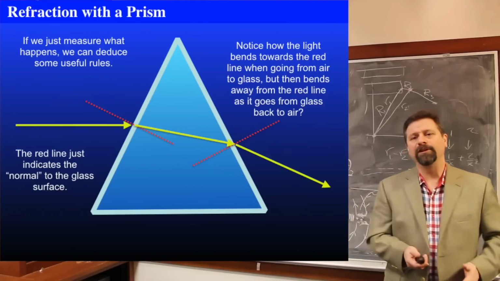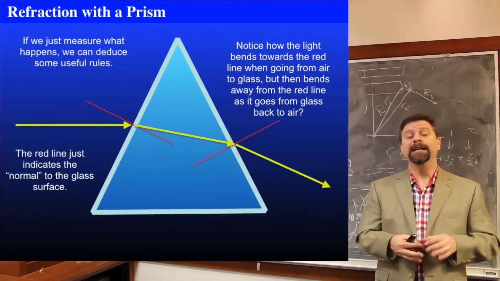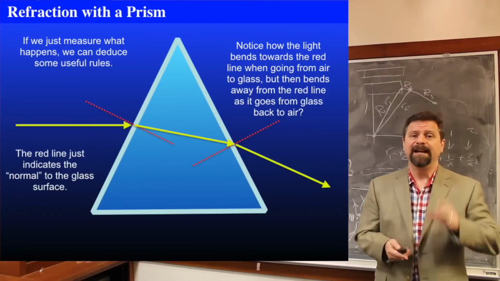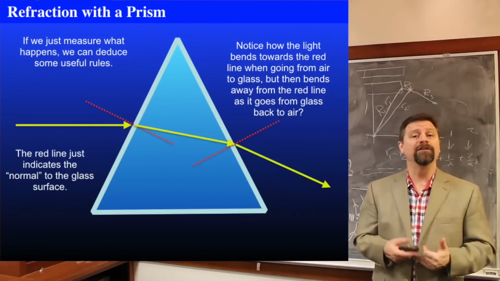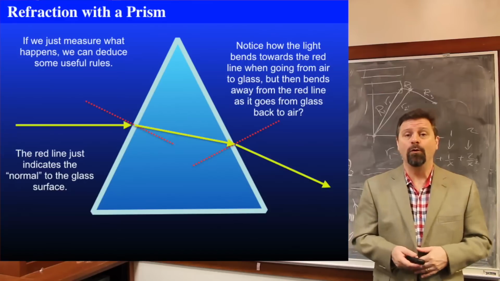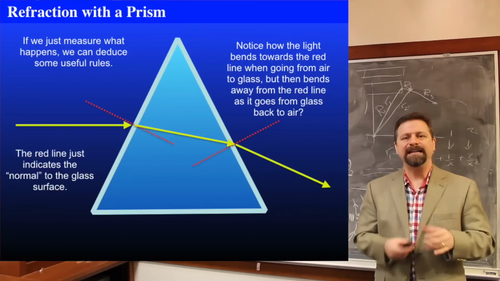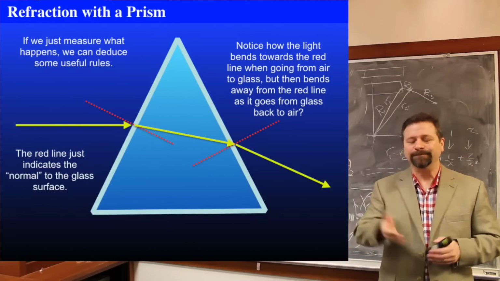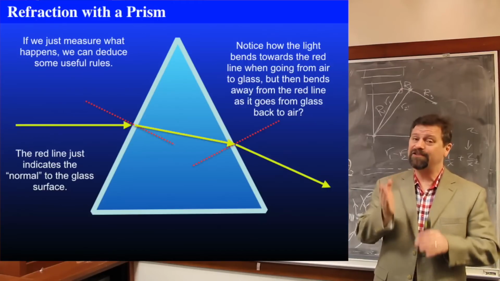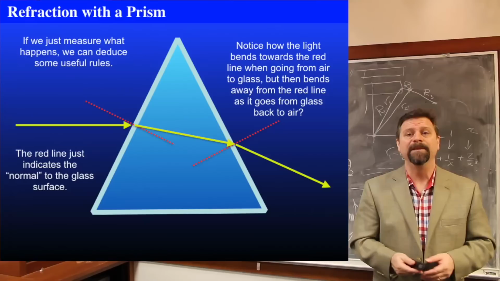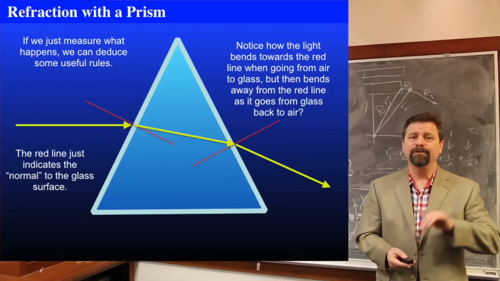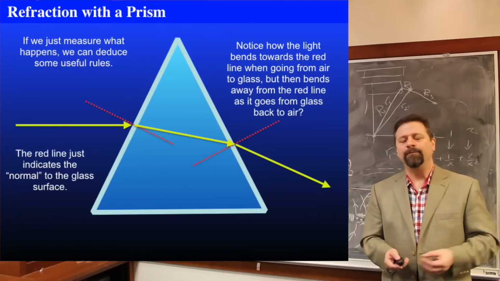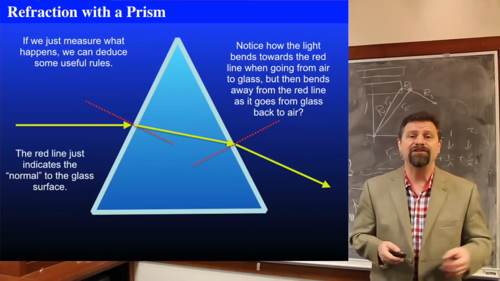In this diagram I'm showing you, we have the 3 sides of the prism, and then there's a red dashed line. That red dashed line is what we're going to call the normal. The normal is an imaginary line that sits perpendicular to the surface of, say, the prism. So the red line is perpendicular to the surface of the prism, and it's not a real line, but an imaginary line.